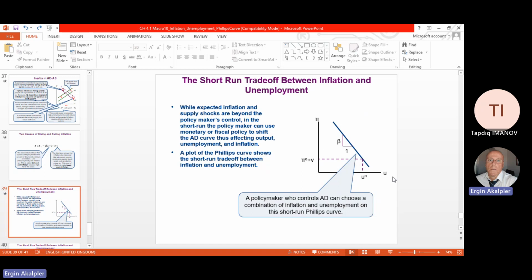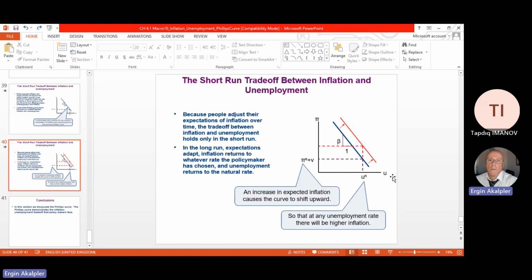Beta shows the slope of this curve, and policymakers who control aggregate demand can choose a combination of inflation and unemployment on this short-run Phillips curve to determine their policies.